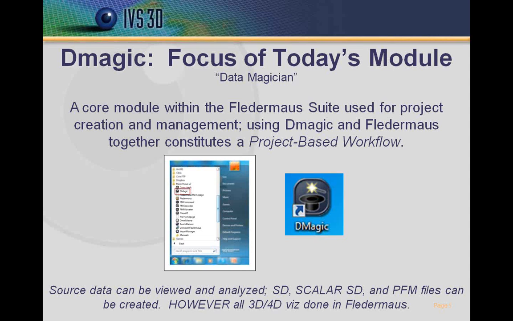It lets you get all of your source data into one place, see how it all lines up, and then make decisions on making SD files, gridding portions of the data, etc. In DMagic, your source data can be viewed and analyzed, and you can create SD files, PFM files, scalar files. However, all of the visualization as far as 3D and 4D visualization is done in Fledermaus. In DMagic, you have a 2D map down view, which is still very helpful, but when I say visualization, I'm usually talking about the hardcore, really good visualization in Fledermaus.